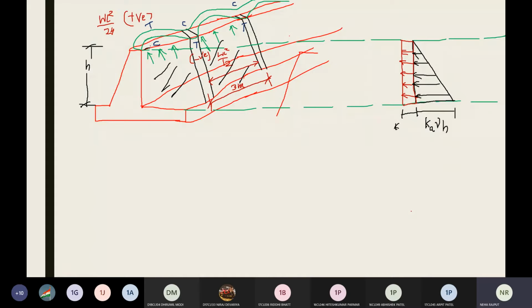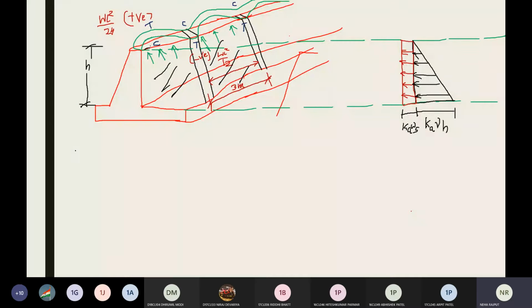This will be K into Ws. And what is Ws? Ws is the surcharge load. So these are the pressures, in kilonewton per meter square, acting at this stem.